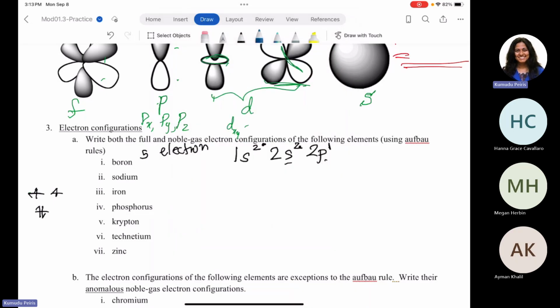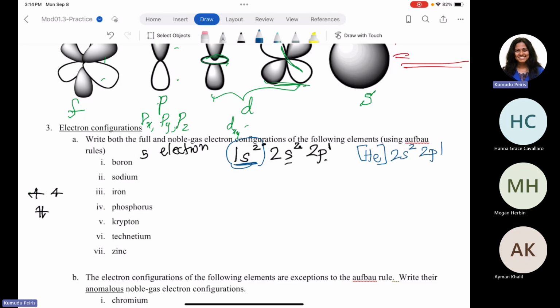Right. Next, we'll go to the noble gas electron configuration. In the noble gas electron configuration, we take the inner part and replace it with the noble gas. Which noble gas has the 1s2 electron configuration? That is helium. So we'll put it inside there, and we'll write 2s2, 2p1.